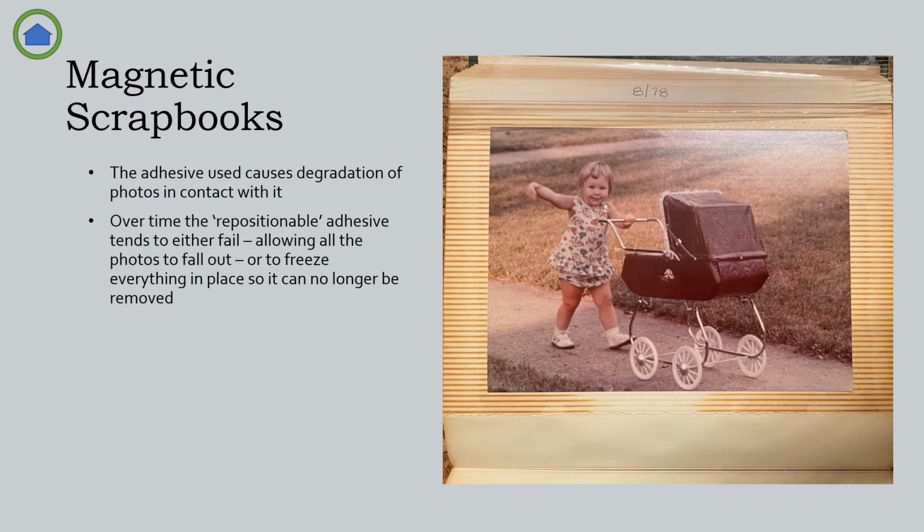As the adhesive degrades and yellows, it damages the photos in contact with it, and the adhesive tends to either fail or freeze. Failure allows all the photos to fall out of the album, which isn't ideal, but is actually the better option as you can just put them in a new album, preferably one that passed the photographic activity test. More commonly, the magnetic lines harden and adhere firmly to the photos, freezing them in place.